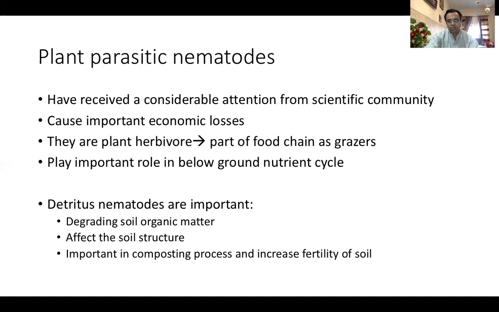So the compost in which the nematodes are used is known as vermicompost. And this compost is basically a material that is made from different types of dead organic matter, and that is partially degraded material, and is used to increase fertility of the soil.